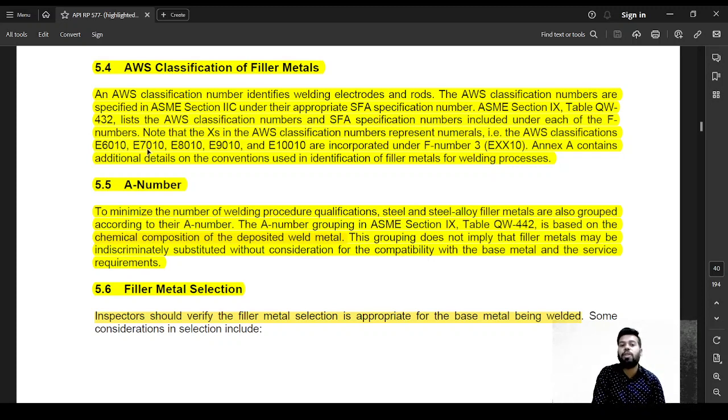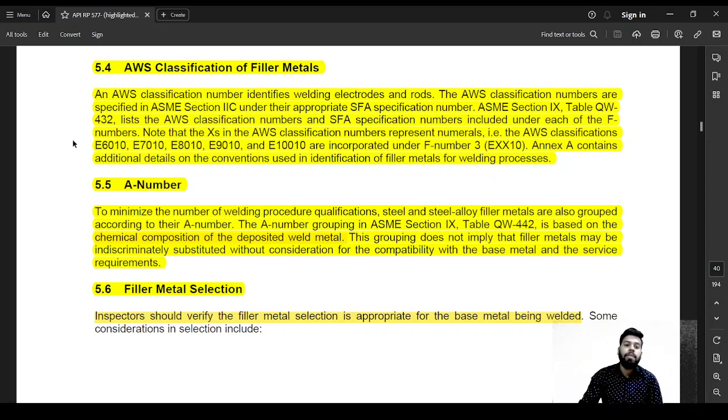Same thing with 7010, 8010, 9010, 1010. This means that 7010 is going to be stronger than 6010, 8010 is going to be stronger than 7010, 9010 is going to be stronger than 8010, but all 4 electrodes have the same position and same coating characteristics.